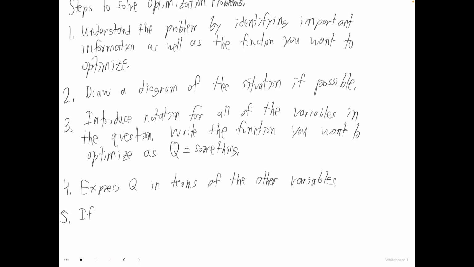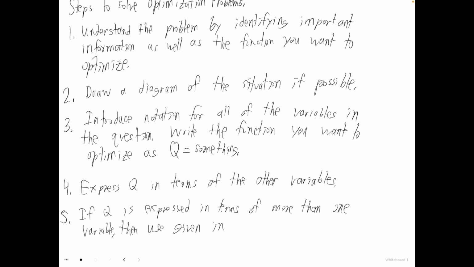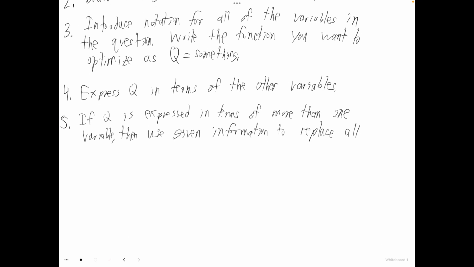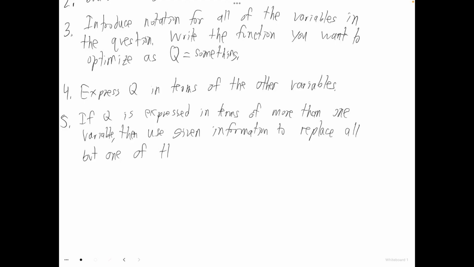Step 5 is if Q is expressed in terms of more than one variable, then use given information to replace all but one of the variables in Q using equations.